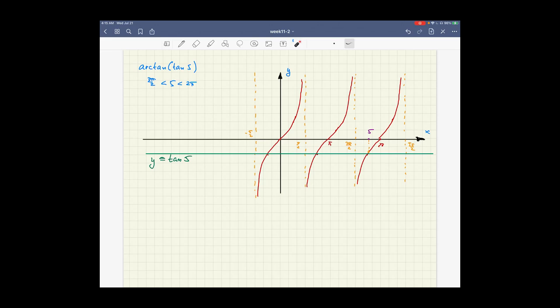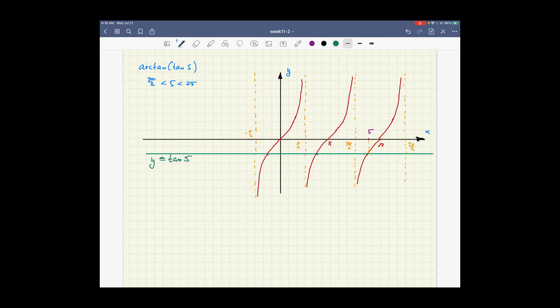Of course, that horizontal line intersects with the graph of tangent at infinitely many points. But only one of these points will be arctangent of tangent 5. And we know that will be exactly the point that's in between negative pi over 2 and pi over 2.